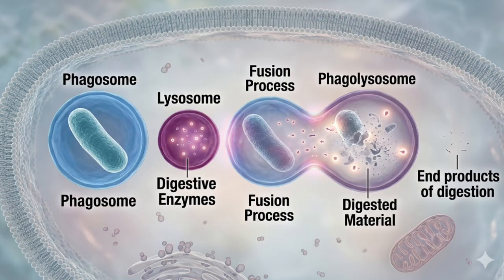But it doesn't stop there. The phagosome fuses with a lysosome, an organelle packed with digestive enzymes, forming what is called the phagolysosome. Inside this structure, the engulfed material is broken down, useful components are absorbed, and waste is eventually expelled.